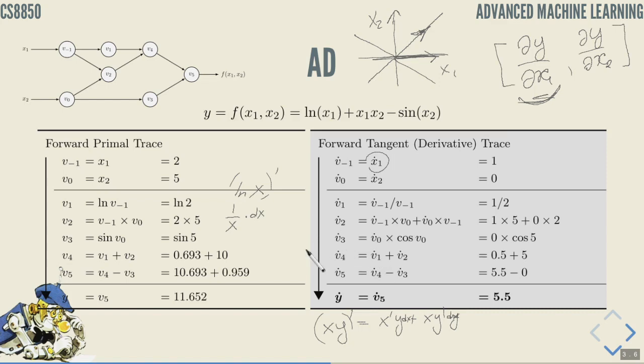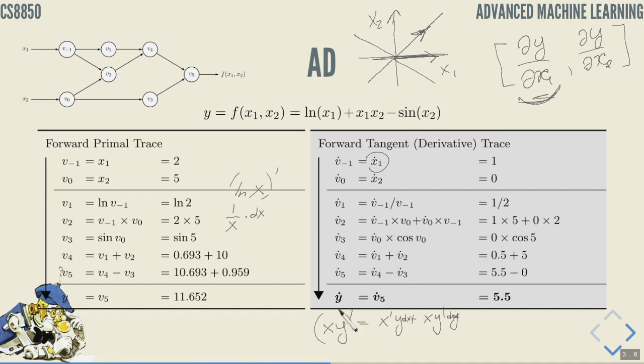Then we go to v3, sine. It's cosine times the differential. The differential is back to the corresponding v0 and x2. So we get this 0 times something, and since we don't have any coefficients, it's just a plus b, so 1 and 1, only differentials play a role.